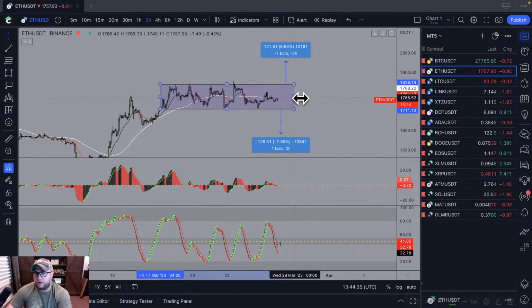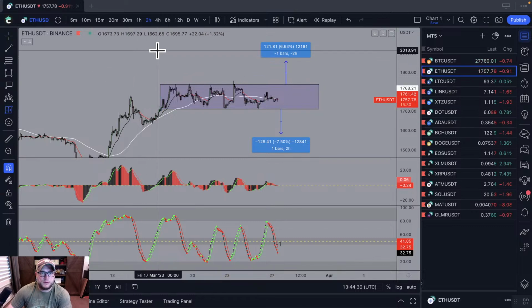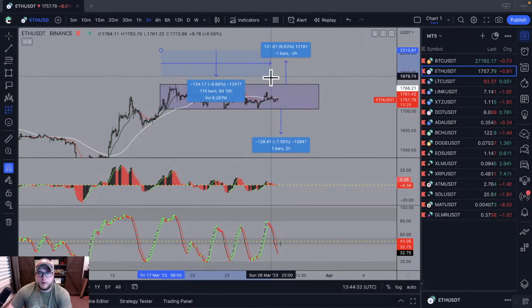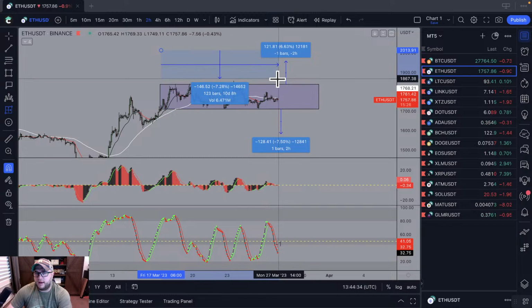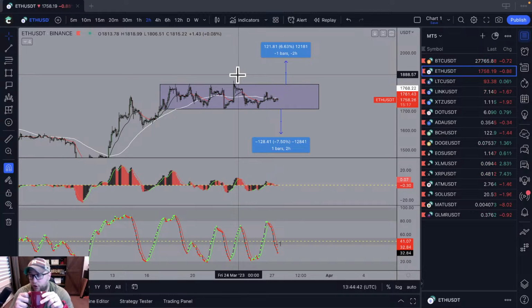And this thing could go sideways for quite a while, because look, it's already been going sideways for almost 10 days, almost 11 days. So don't think that you're going to get an entry anytime soon off of this breakout. It could happen, but this is a 2-hour chart, and we got a long ways to go before we get to the breakout point of this.